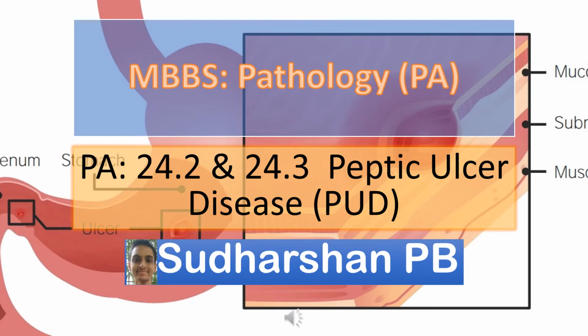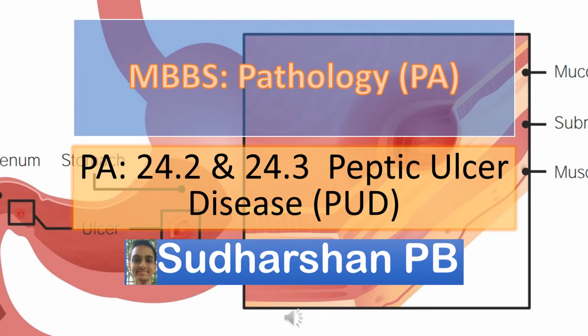Mainly with respect to the gastric ulcer, we can see hematemesis, weight loss, and epigastric pain, and that pain can radiate to areas like the chest, back, and the abdominal quadrants.